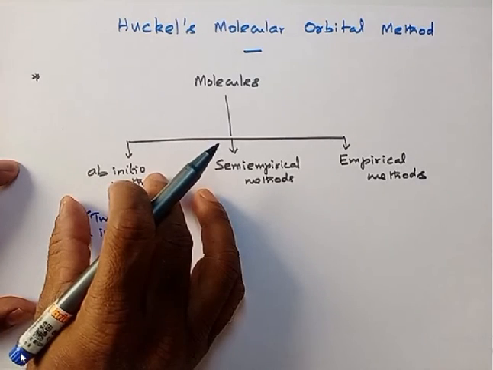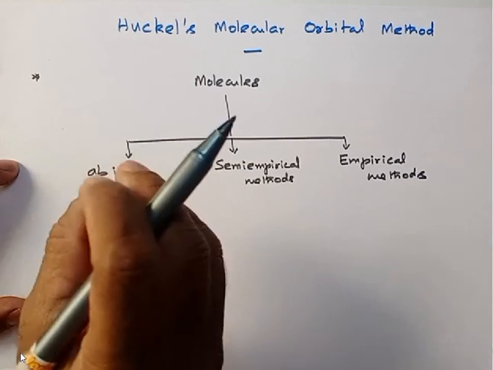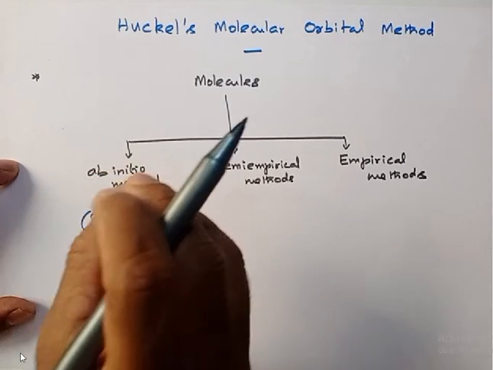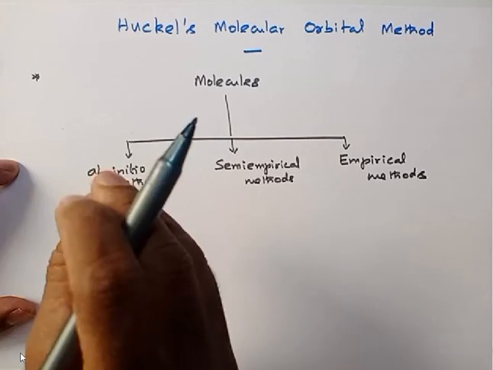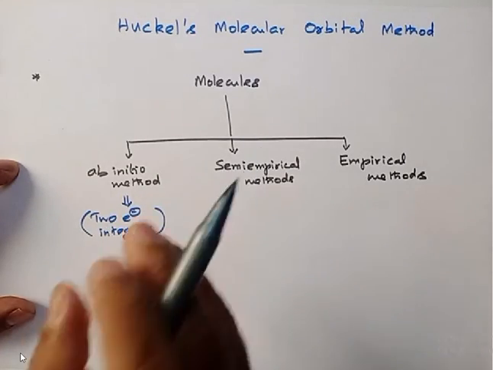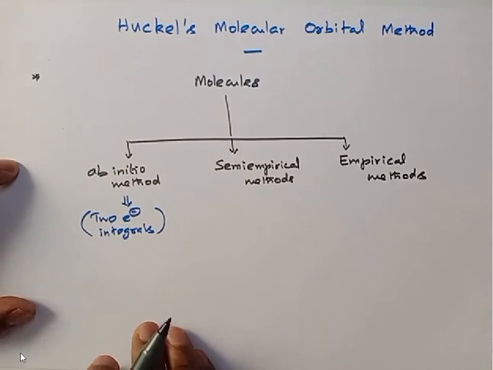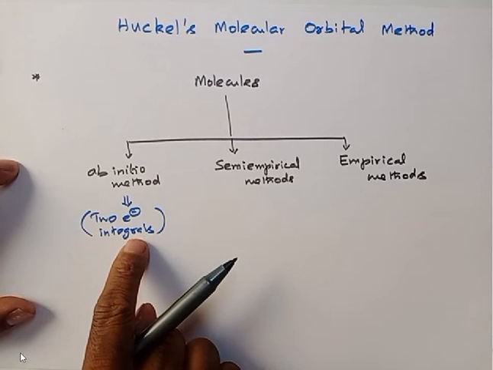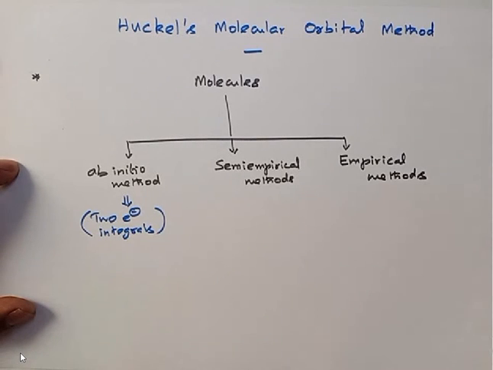Abhinitio method is an exact method of determining energies of the molecular orbitals, the wave functions or any other properties. It's an exact calculation. All two electron integrals are exactly solved here.